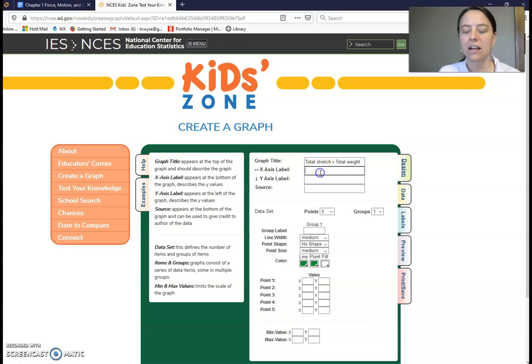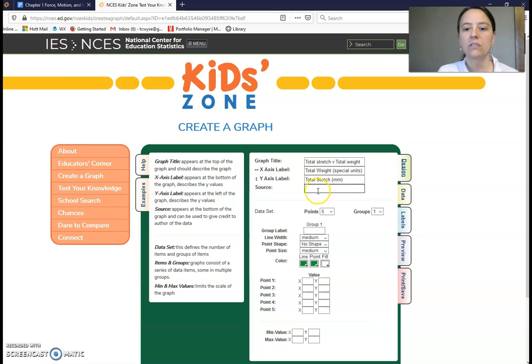And our x-axis label, well, that's going to be our total weight on the bottom. And it's in special units, so you want to make sure that you fill in your units. And our y-axis is going to be our total stretch in millimeters.